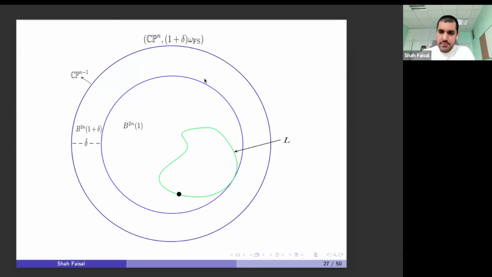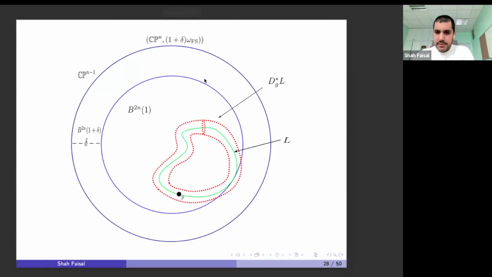And this allows me to apply the stretching argument of Cieliebak-Mohnke to L. So I pick a metric on L and scale it and then embed its unit co-disk bundle in the Weinstein neighborhood of L. So this red neighborhood is the Weinstein neighborhood.